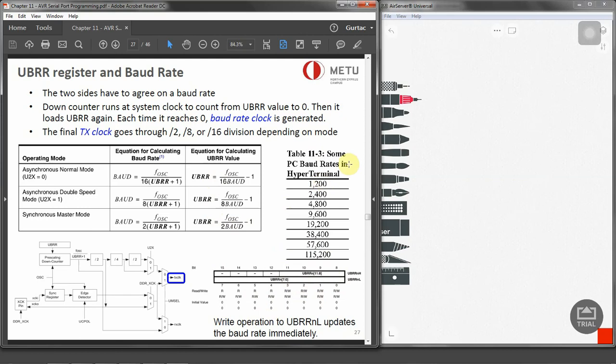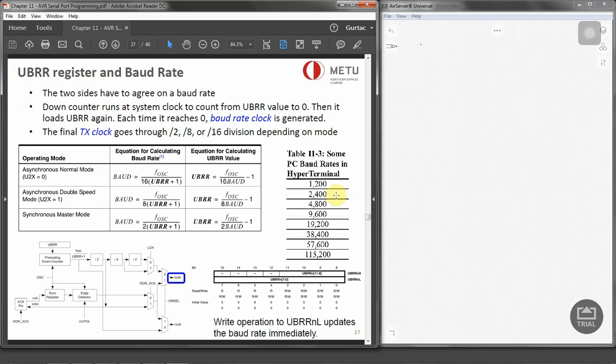So for example, with the PC baud rate of 1200, let's say we have got the oscillating clock of 10 megahertz, and we have got the baud as 1200, and let's say we want to use normal mode.